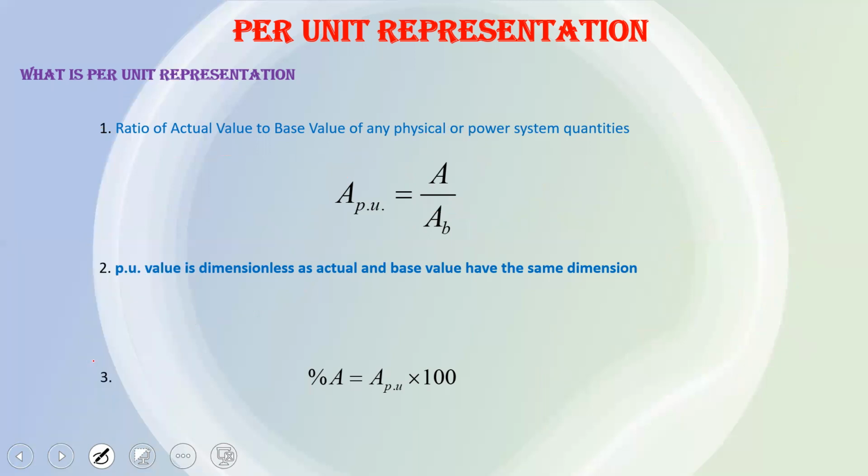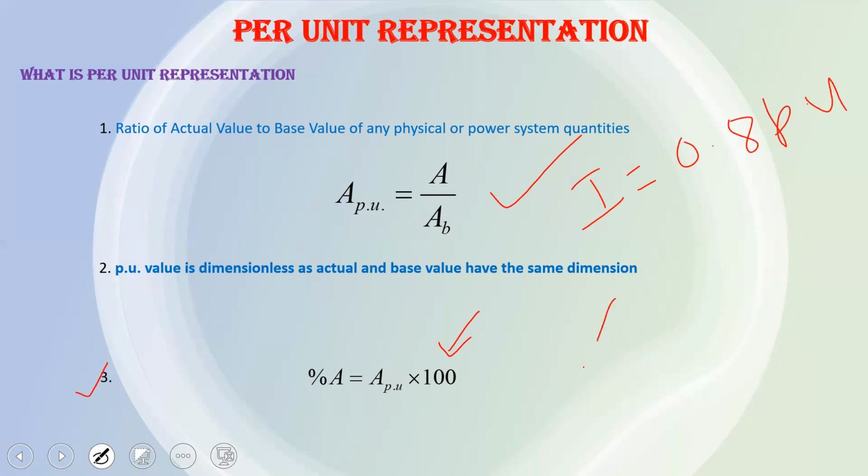So this is the definition through which you can convert any physical quantity into per unit. The second important thing is that if you multiply the per unit value by 100, you will directly get the value in percentage. Suppose current in per unit is given as 0.8 per unit.